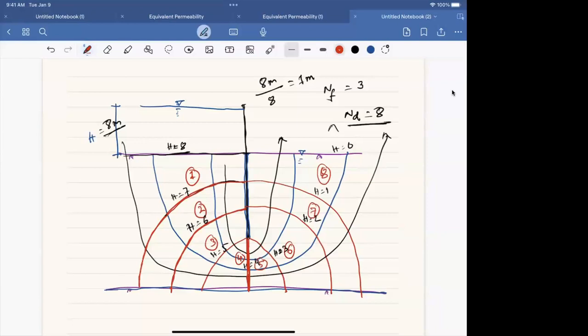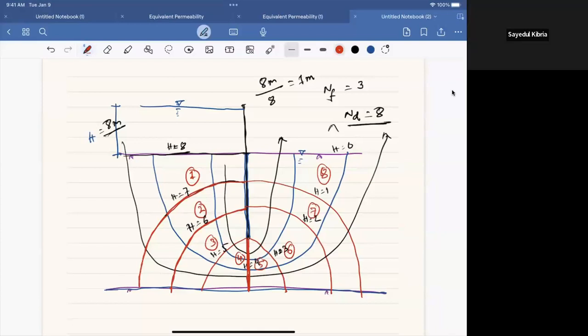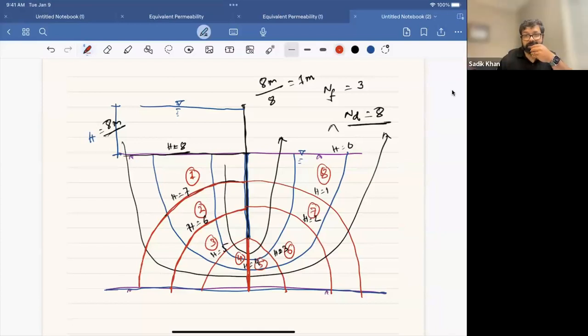What is the meaning of the hydrostatic pressure? This pressure is a triangular thing, a distributed force applied in a triangular way, and the equivalent force is 1/3 from the base.